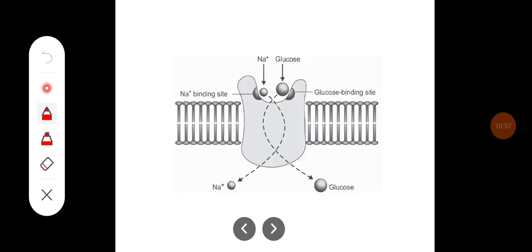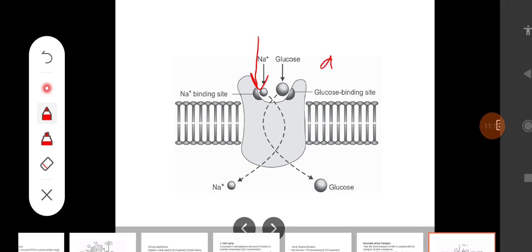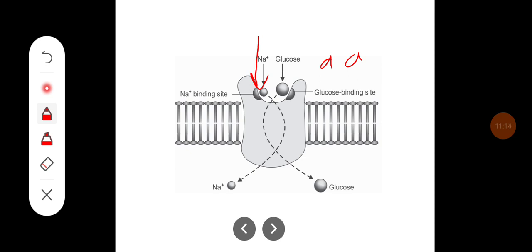So this is the example for secondary active transport, where the sodium, when it moves, is going to move with another molecule like glucose or amino acid, which is going to lead to the co-transport. Okay.